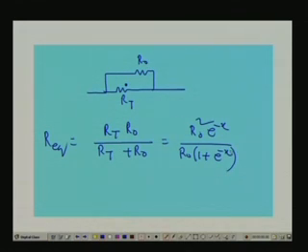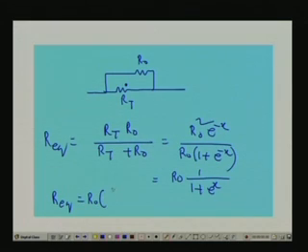This I can write R naught upon one plus e to the power x, right? Clear. So, R equivalent I can write equal to R naught 1 plus e to the power x to the power minus 1, right.